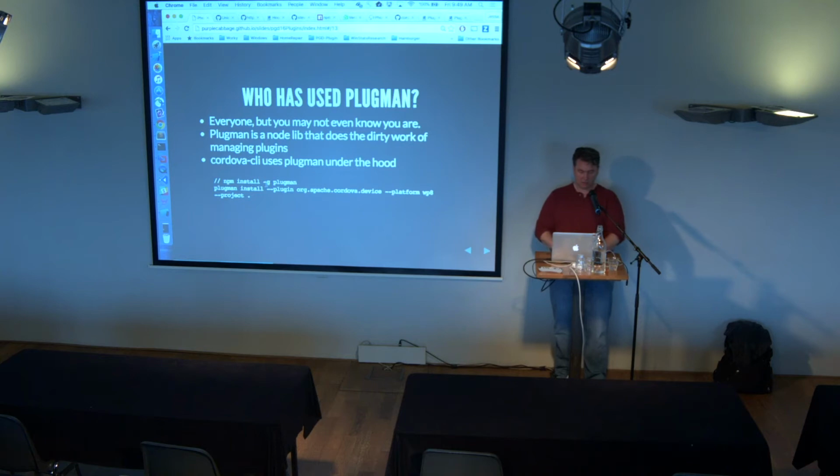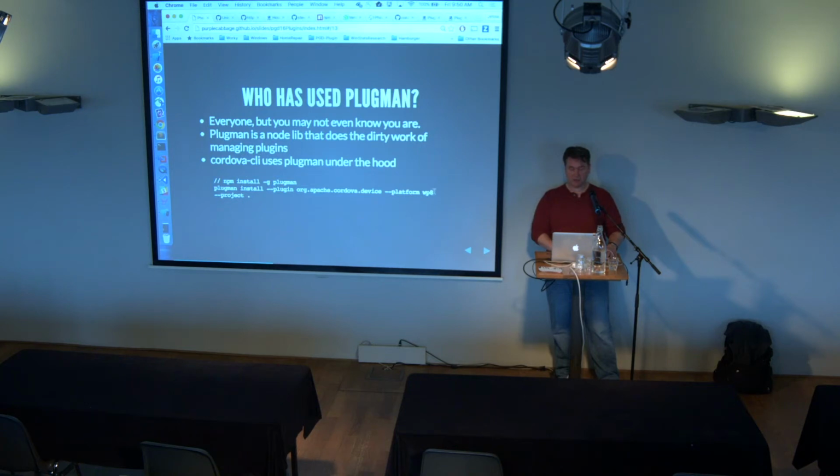So you can actually install Plugman as an NPM package, and then you can use it directly because it has its own command line interface. So if you do this, you can install this plugin that you've listed here, and this actually should probably be a modern NPM way of using IDs and not the old-fashioned way.